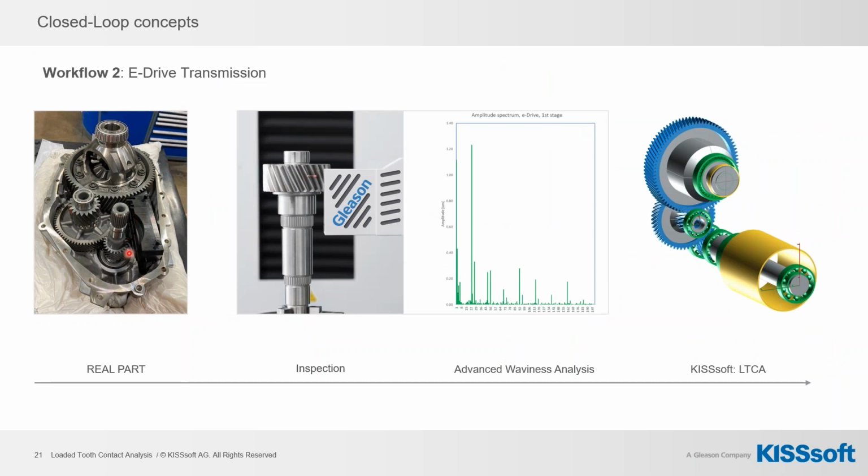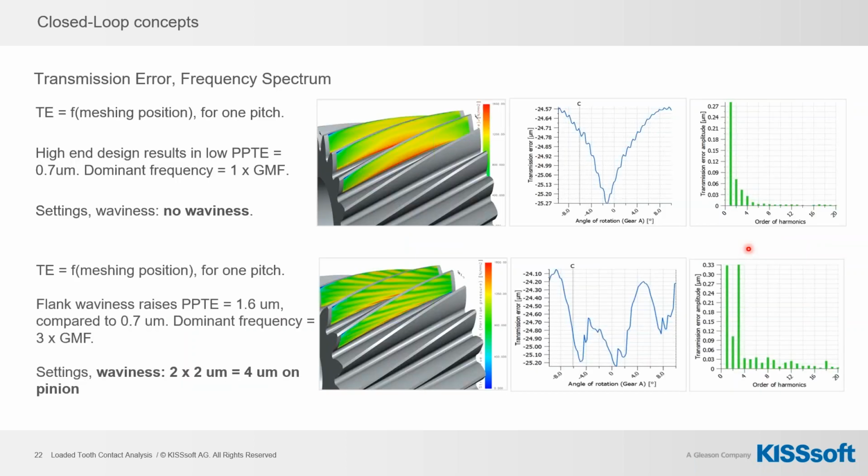This is an example of a real part. That's a two-stage EV transmission of a very famous car manufacturer in Germany. These gears have been inspected. Then an advanced waviness calculation was performed by the machine software, and then this data has been transferred into KISSsoft, and then we have run a loaded tooth contact analysis.